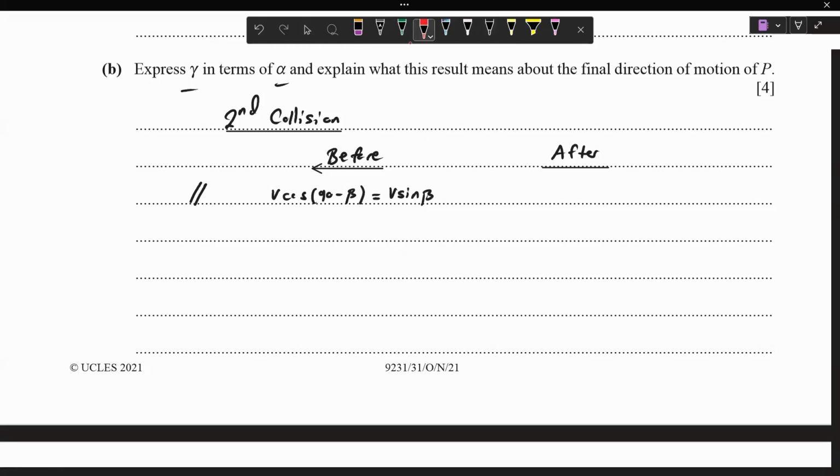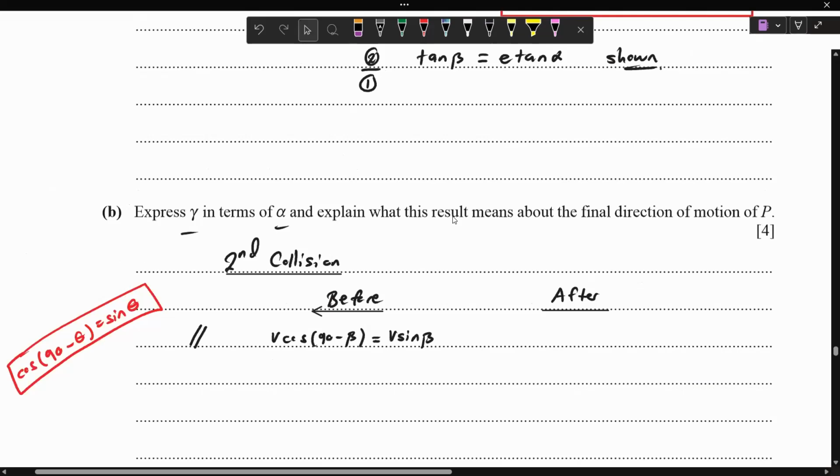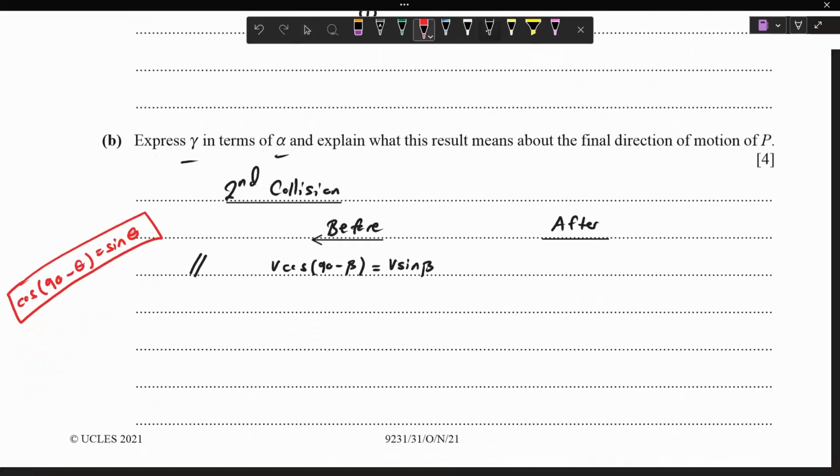Okay, I hope you know this trigonometrical rule that cos of 90 minus something is the same as sine of that thing. Okay, so that's what I've used here. All right. The parallel component after collision will be W cos gamma. W cos gamma, and remember it's equal to V sine beta for the simple fact that the parallel components do not change.